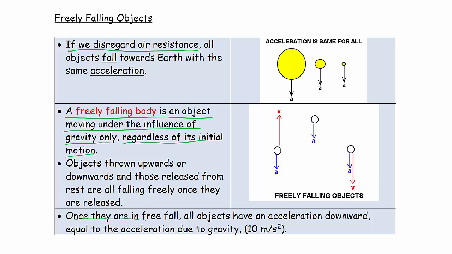Once they are in free fall, all objects have an acceleration downwards equal to the acceleration due to gravity, which is 10 meters per second squared. So it's important. Yeah, you might be traveling upwards, but you still have the same weight, so you have the same acceleration due to gravity. And we might be stationary at the top of our journey, no velocity, but we have the same weight, so we have the same acceleration.